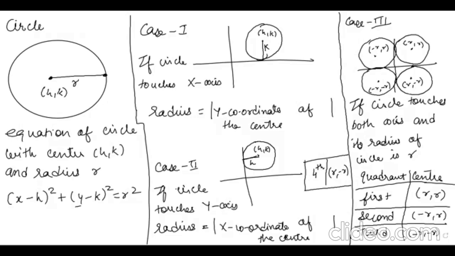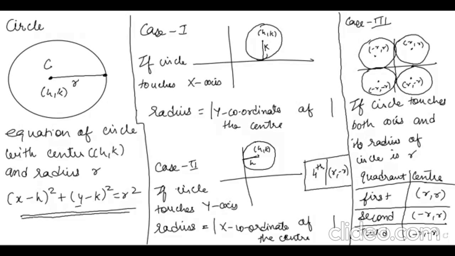This is the general equation of a circle. If you have the center and radius, you require two parameters to find the equation of the circle: one is the center and one is the radius. If you have these two parameters, then you can find the equation using this formula: (x minus h) whole square plus (y minus k) whole square is equal to r square.